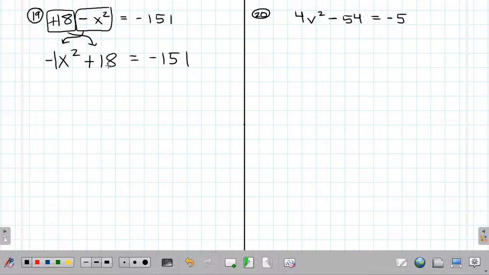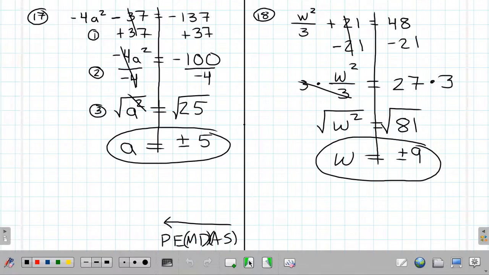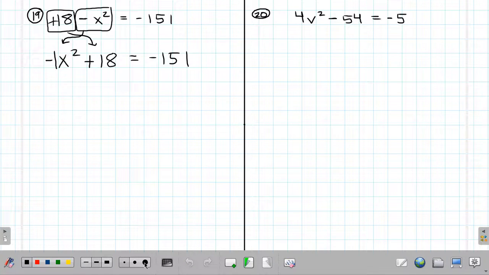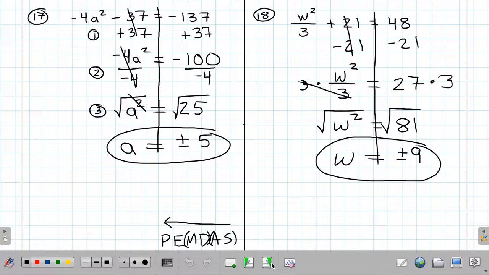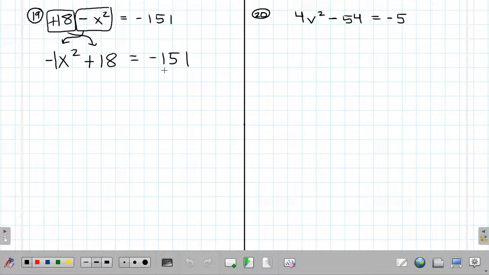And now that we've written it this way, this works pretty much the same as number 17, kind of a mixture of number 17 and 18, where we got to look at PEMDAS. If you need to, I'm going to write it down here this time.